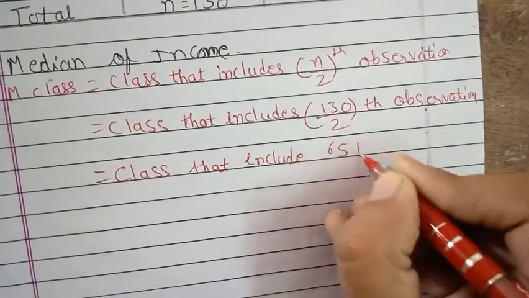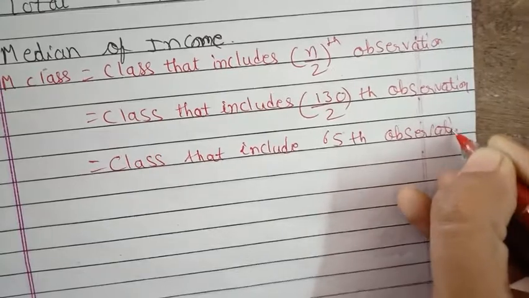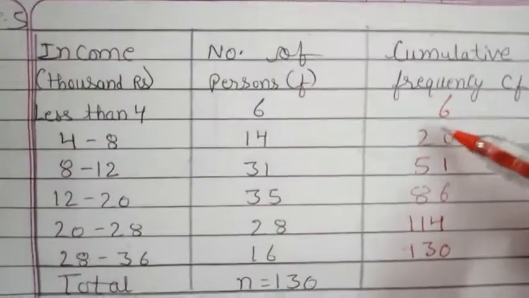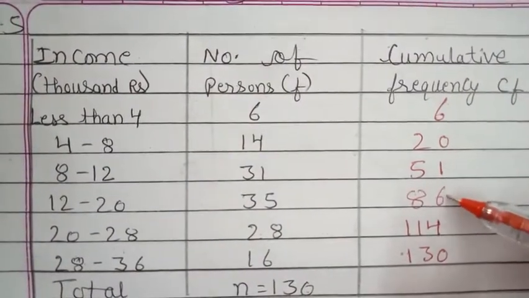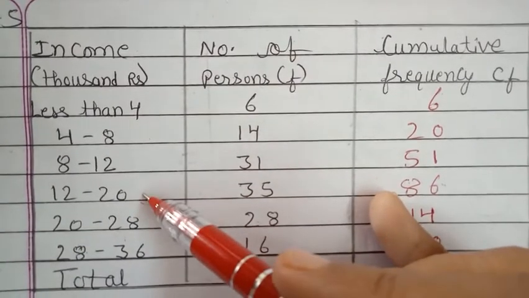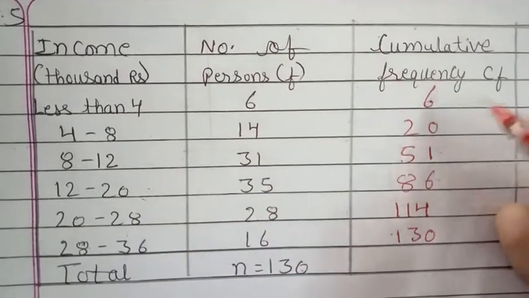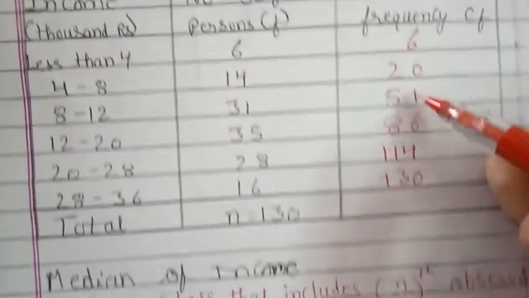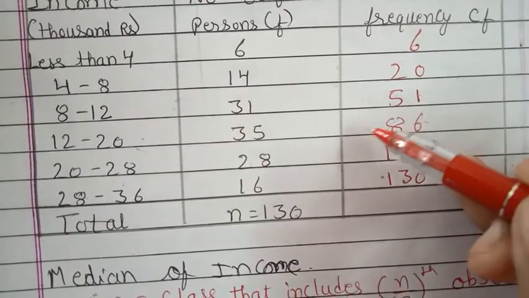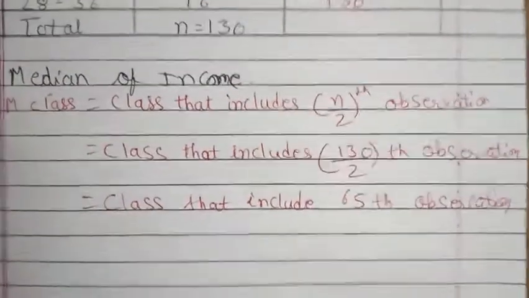So the class that includes the 65th observation. Now we have to refer to our CF column. The 65th observation comes in which? 4th row. So in the 4th row it comes, that is 12 to 20, that is our class. Again here, what we have to do now? The previous CF is 51, F we have to take as 35, and we already have C. Now we will put all the things in the formula.